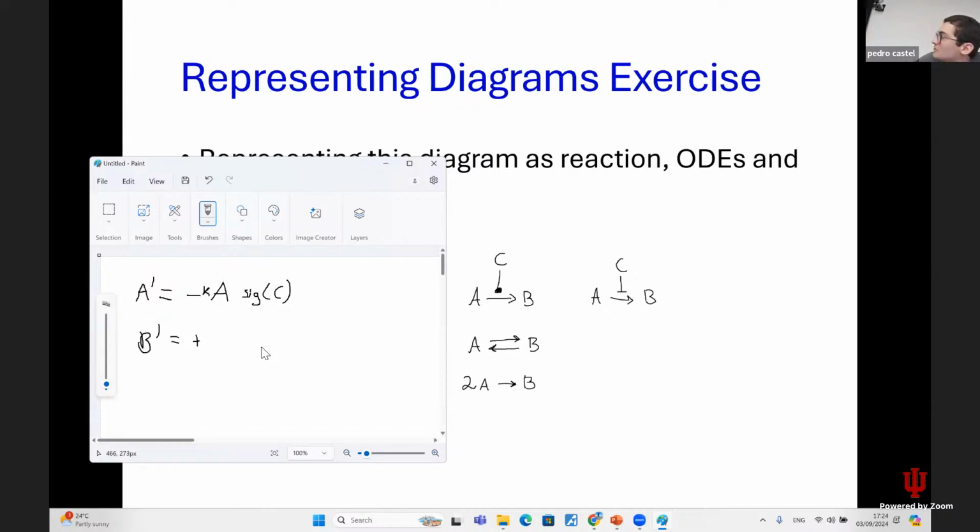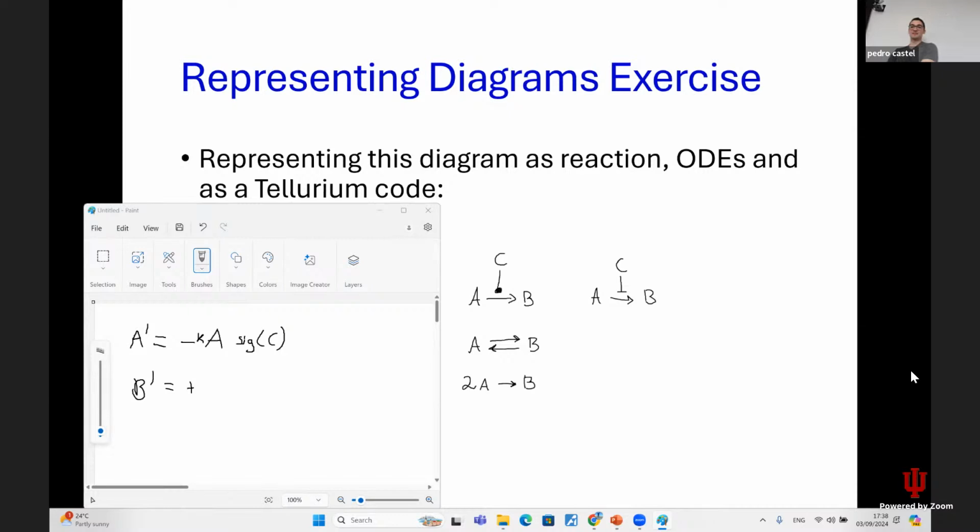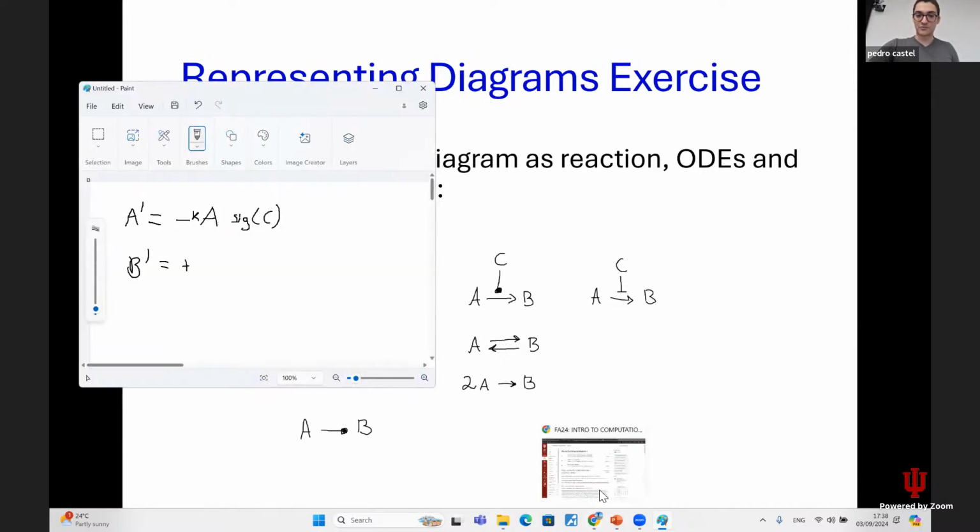Now, the one below, A goes to B, but B goes to A. Niraj said 1 over 1 plus C times A times K for dB/dt, and then with a minus sign for dA/dt. All good, correct. Now, I will go to the Tellurium thing, and I will implement one of them.